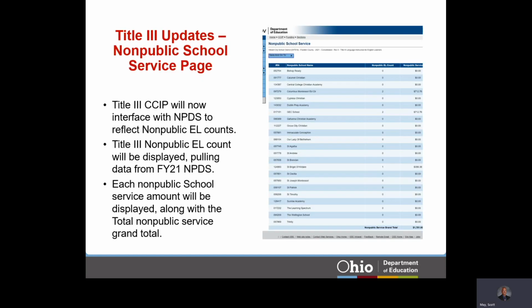Along with the change on the budget details page for equitable services, the district will also be able to find the equitable service amounts for each participating non-public on the non-public service page, along with the non-public EL numbers reported in the NPDS system.